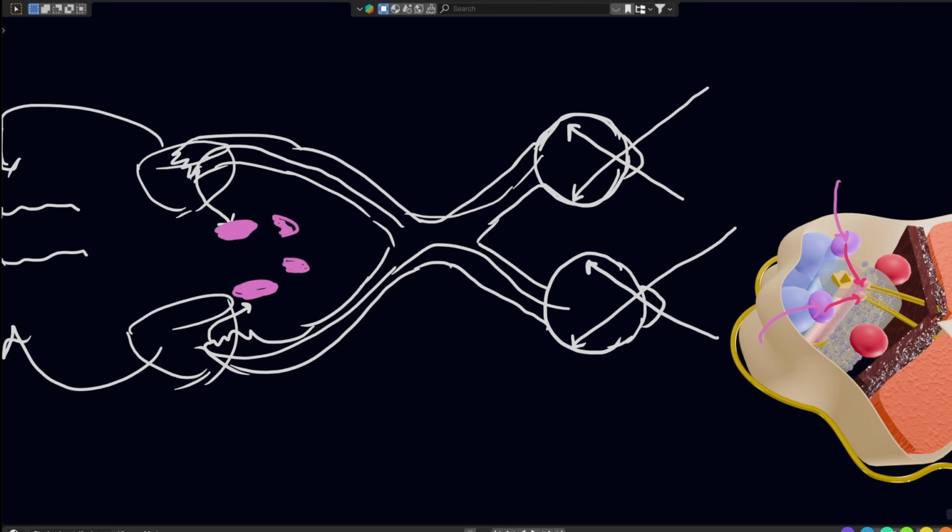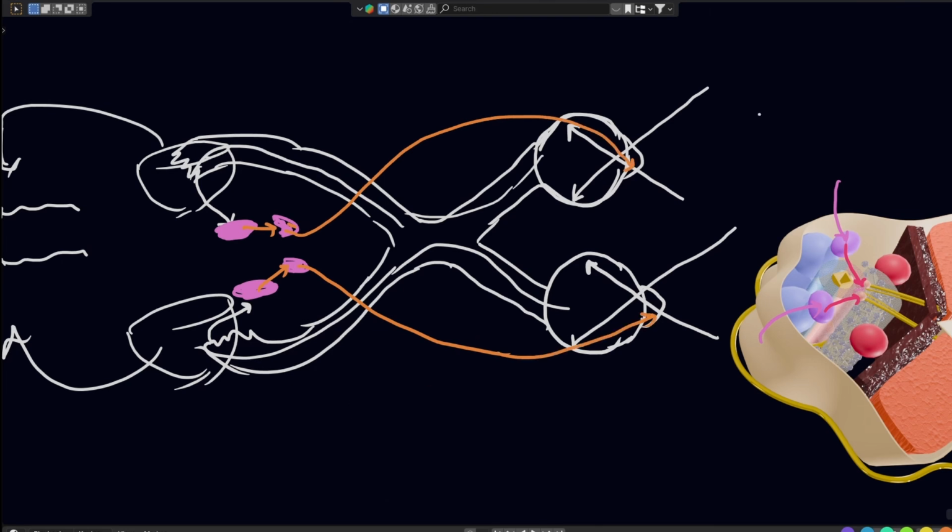Then from the Edinger-Westphal nucleus, which is forming the parasympathetic efferent fibers of the third cranial nerve, these parasympathetic efferent fibers will go to the constrictor pupillae muscle. It's not an anatomically correct diagram, but you can understand it.